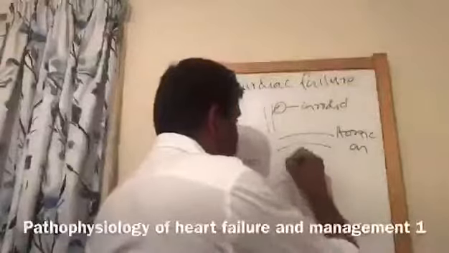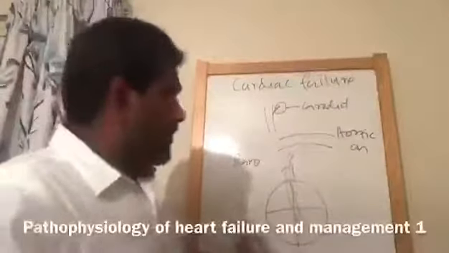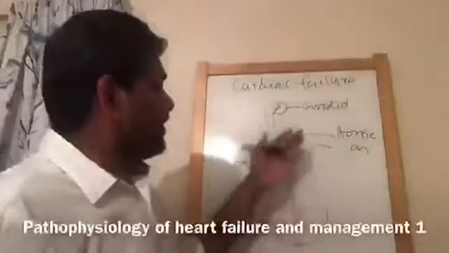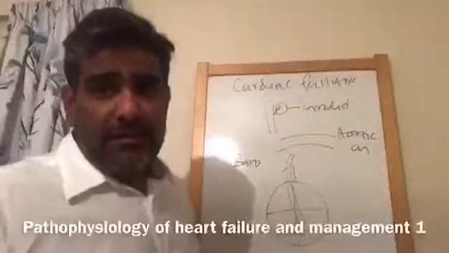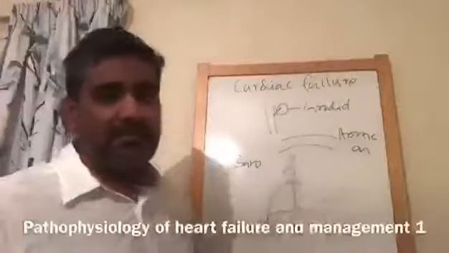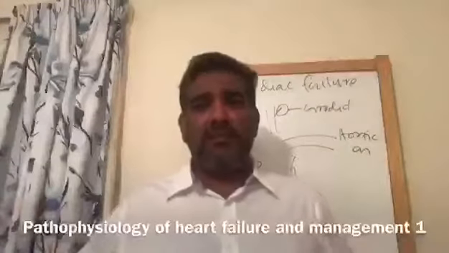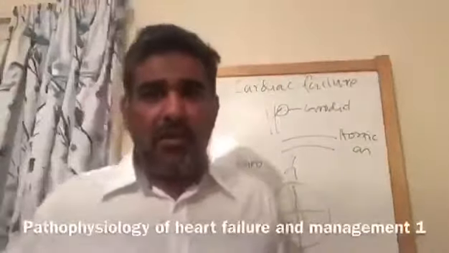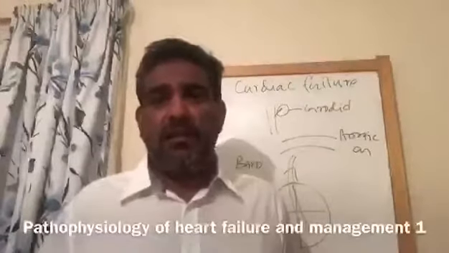This pump is not working properly, so they feel a kind of reduced pressure inside the aortic arch and the carotid sinus. So what happens when baroreceptors sense that there is low pressure inside? It stimulates the sympathetic nervous system. At the same time, it reduces the parasympathetic outflow.